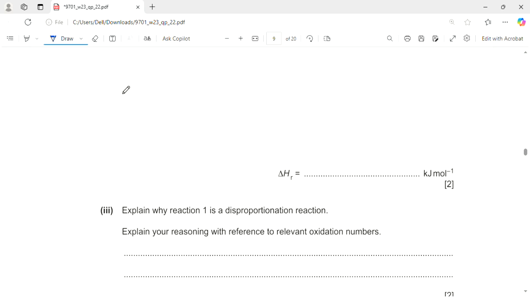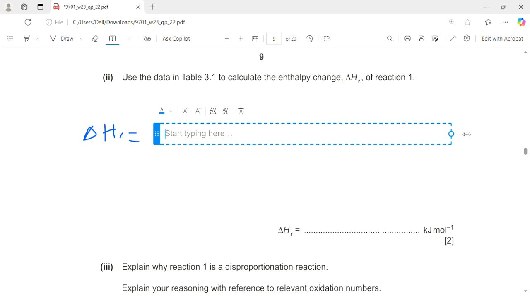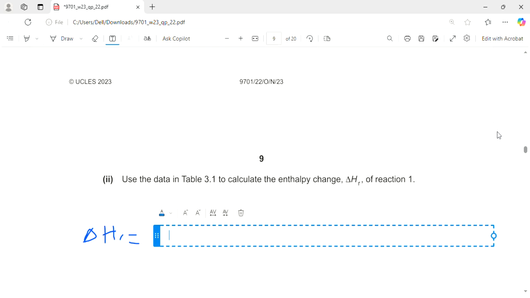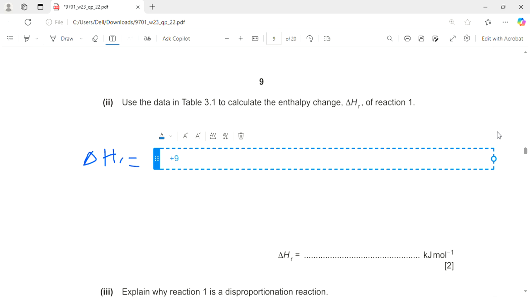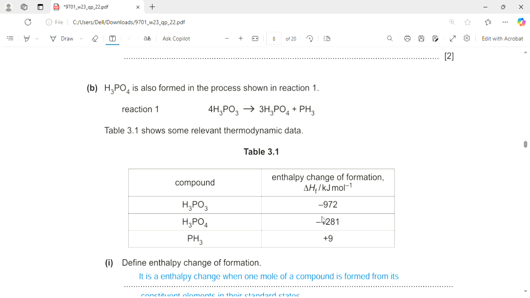If we write delta H reaction equals, looking at the table, for PH3 it's positive 9, and for H3PO4, it's 3 multiplied by this value, minus 1.